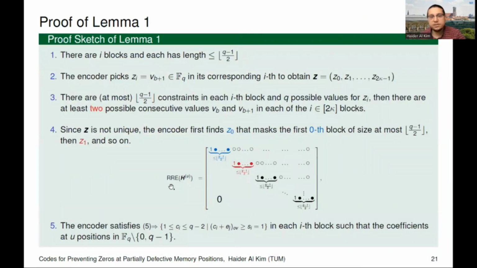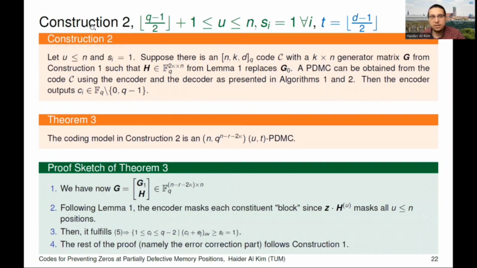If we bring this H matrix and attach it to our construction 1 matrix G, we will have G and H as our new matrix, and we get construction 2, so we can mask up to n cells. So we increase here. From lemma 1, the encoder masks each block, that is, masks all u up to n, and then it fulfills 5, and the rest of the proof for error correction follows construction 1.